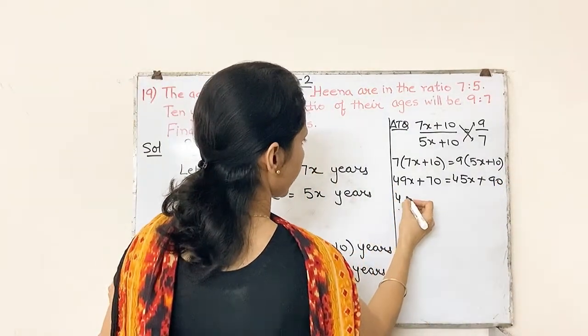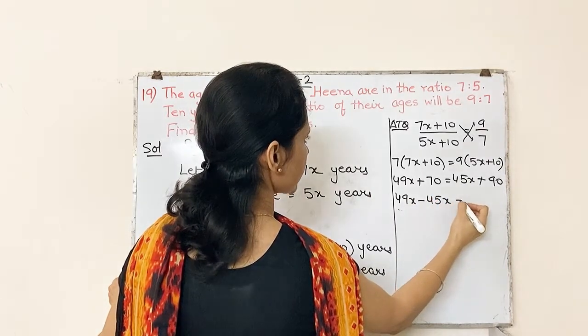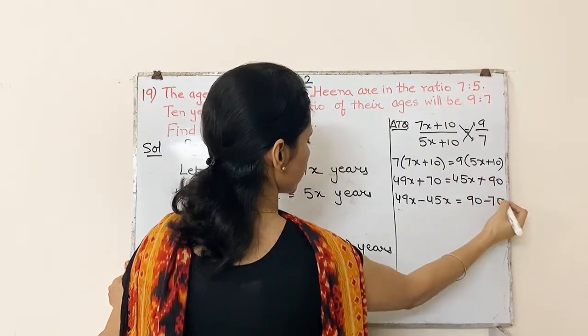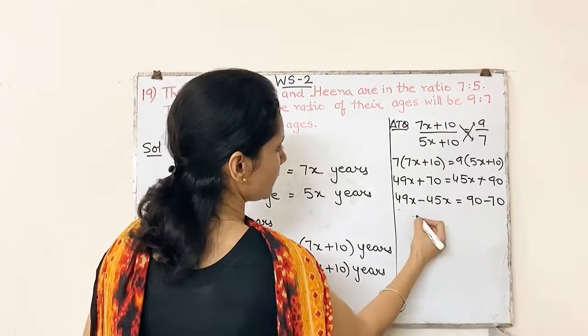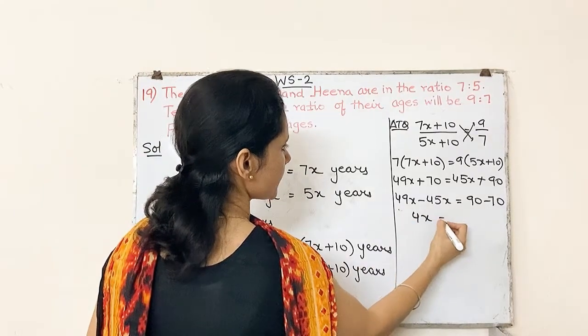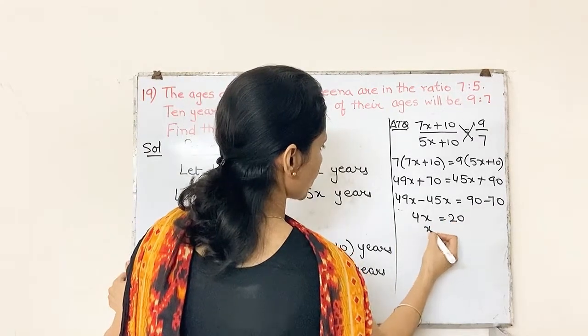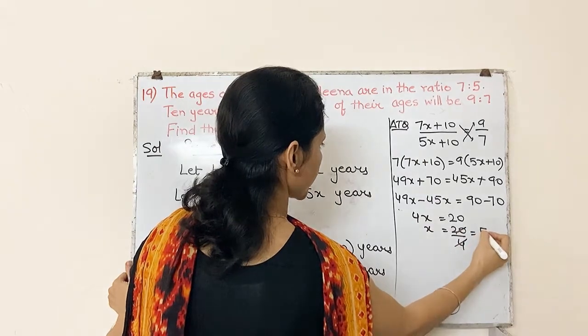So 49x minus 45x is equal to 90 minus 70. So 49 minus 45 is 4x is equal to 90 minus 70 is 20. So x is equal to 20 upon 4, that is 5.